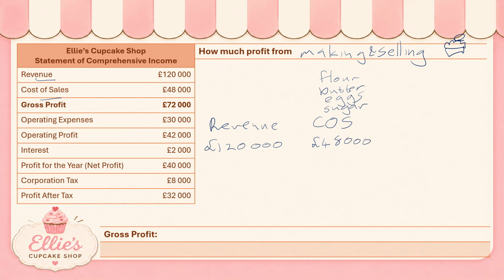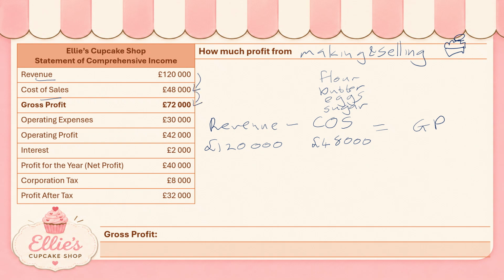So now we can calculate her gross profit. Gross profit is revenue take away cost of sales, and that equals your gross profit. So if you have a look over here, it's the revenue take away the cost of sales equals your gross profit.